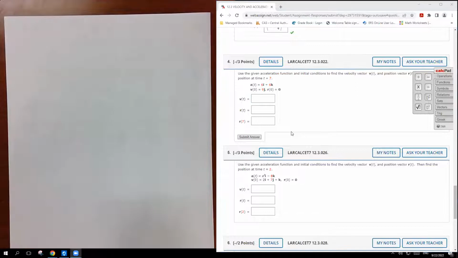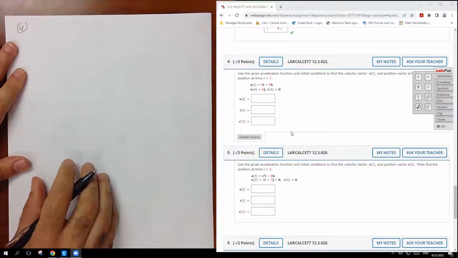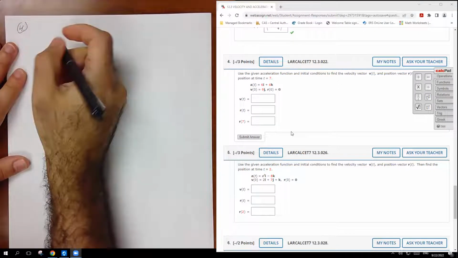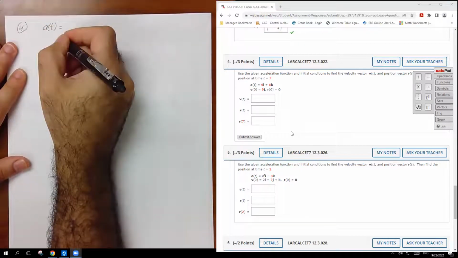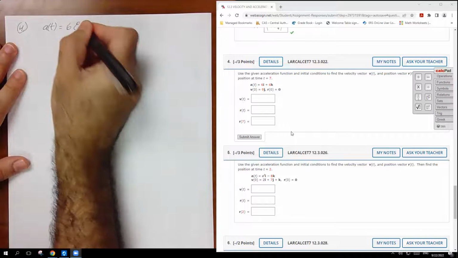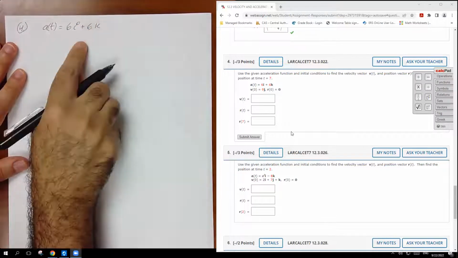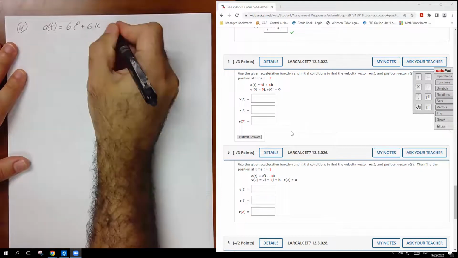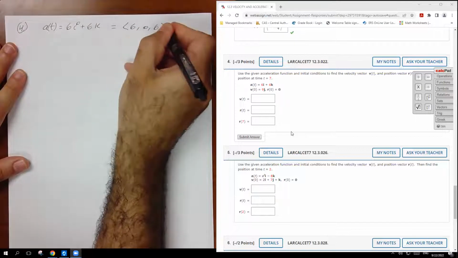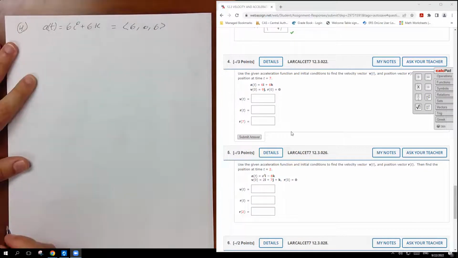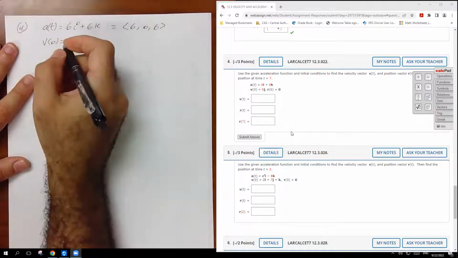So let's start with this one, example 4. We have now a of t equal 6i plus 6k, j equals 0. So that means the vector here is going to be 6, 0, and 6. And the initial velocity v of 0 equal 9j.